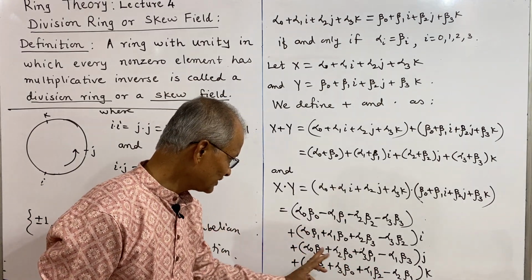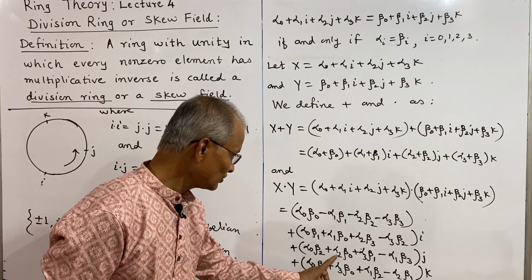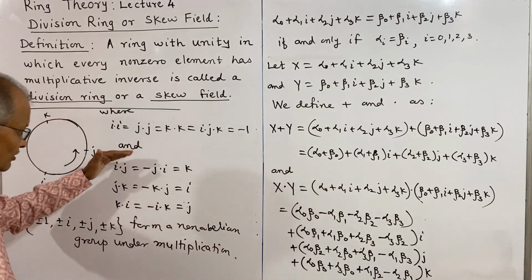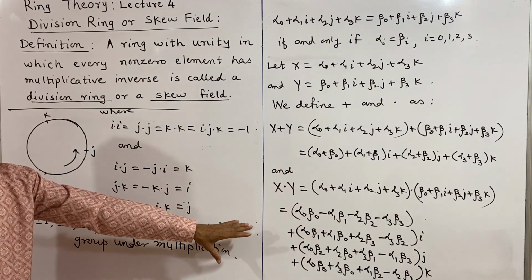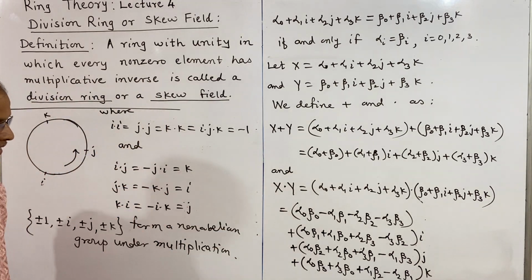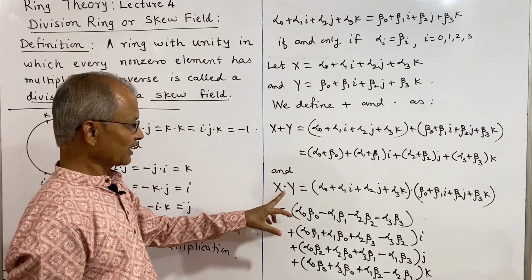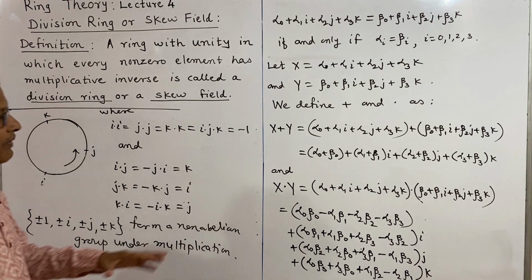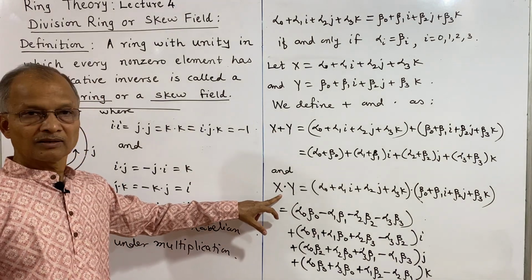Likewise here also these are interchanged, 2 0 to 2 0, 3 1 and 1 3, and so on. According to this we have to write the multiplication of these two symbols or numbers x and y of real quaternions. So in this way we have defined addition and multiplication.